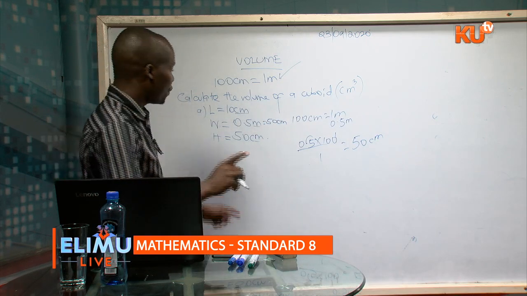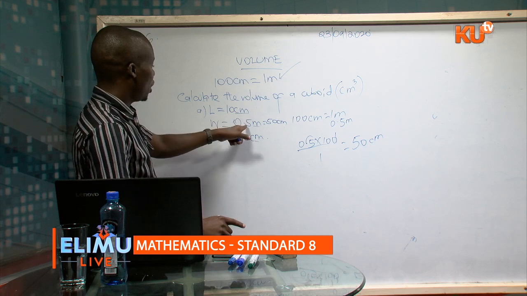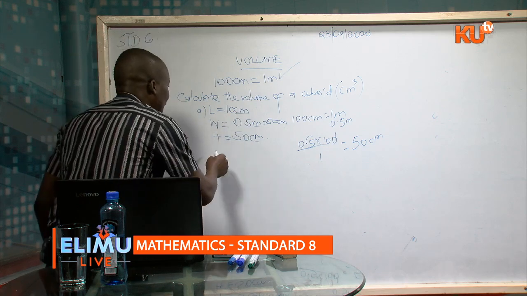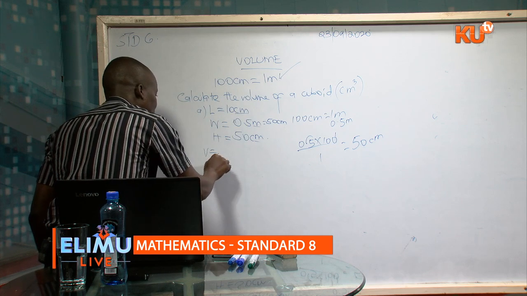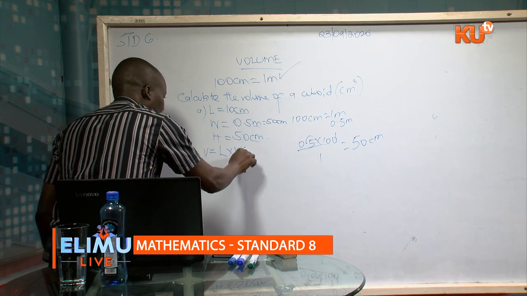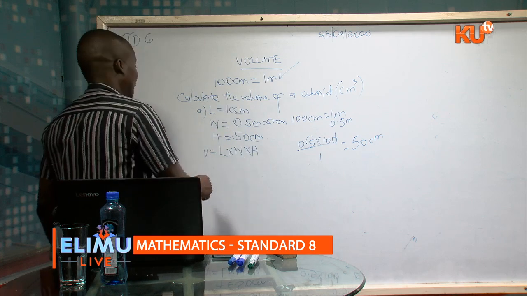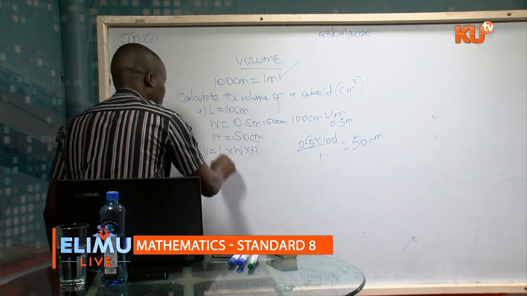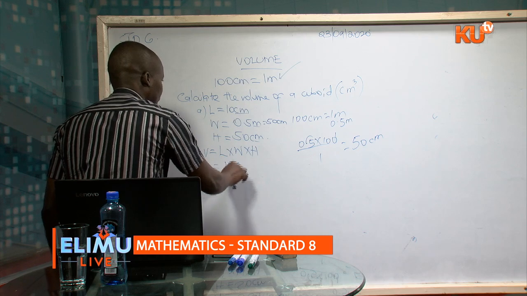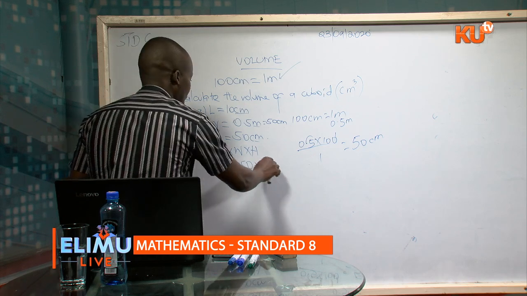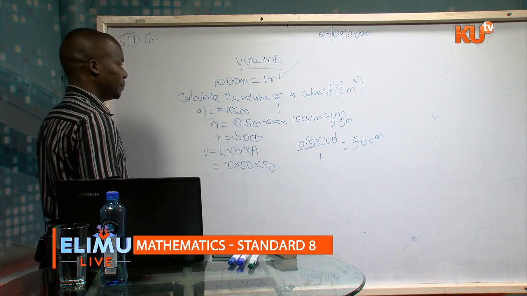Don't make a mistake of multiplying 10 by 0.5 by 50. It will be a wrong answer. So we'll have it as, now volume is length times width times height, all in the same unit. And therefore, we'll have it as 10 times 50 times 50.